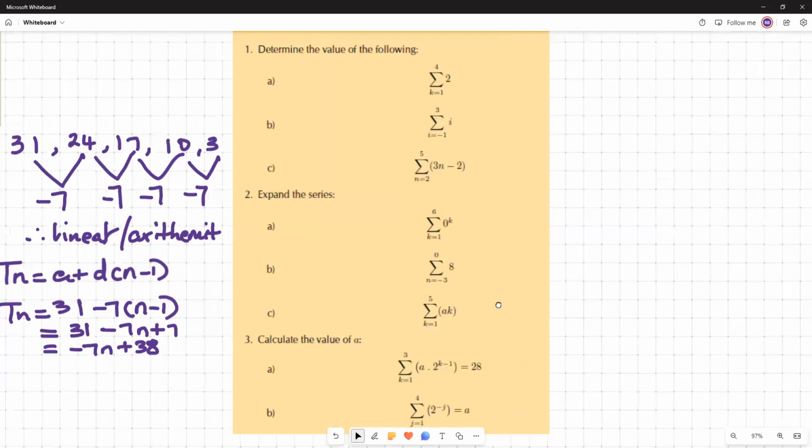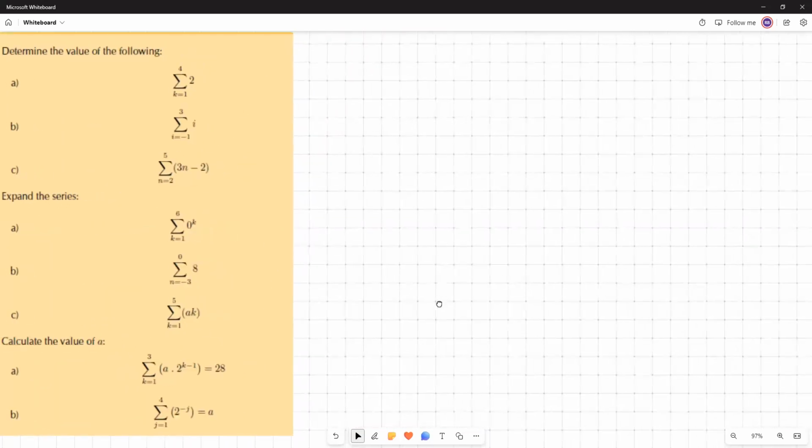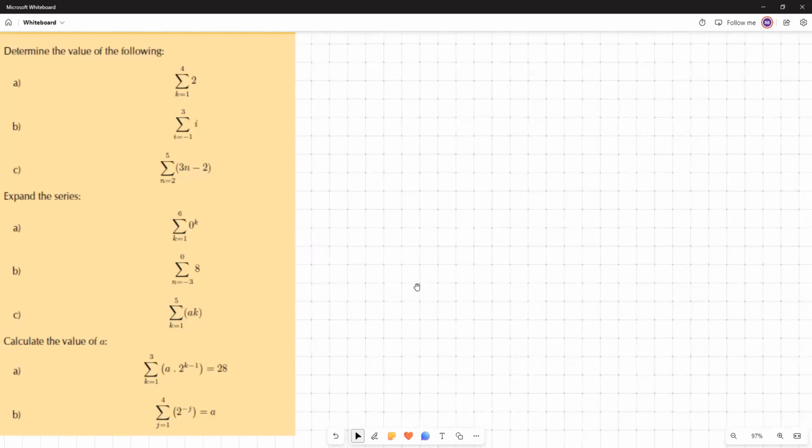Okay. So here, ladies and gentlemen, we're going to do number 1 quickly. They say determine the value of this. So we need to find the value of this. You have k equals 1, then 4.